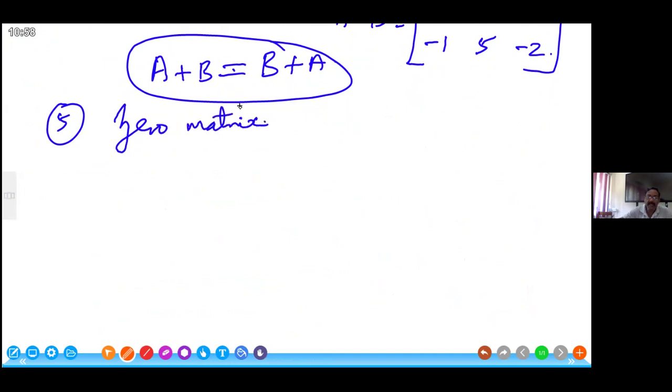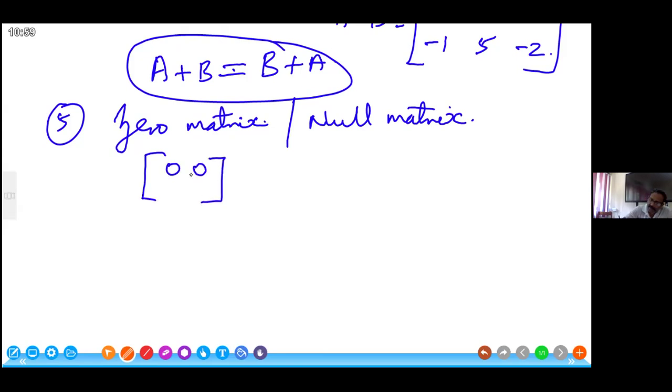Earlier we talked about the zero vector, which will have either zeros in the column or zeros in the row. Zero matrix, or sometimes it is also called a null matrix, because nothing is there, only zeros in all the element positions, right? So for example, I have 0, 0, 0, 0.